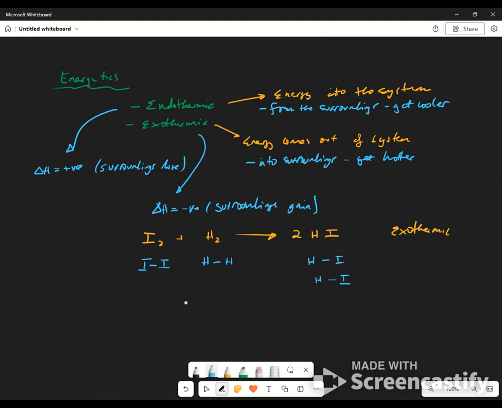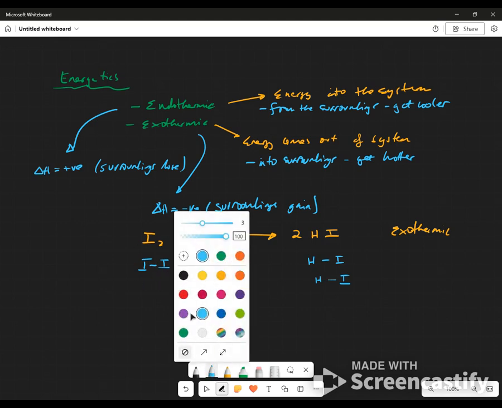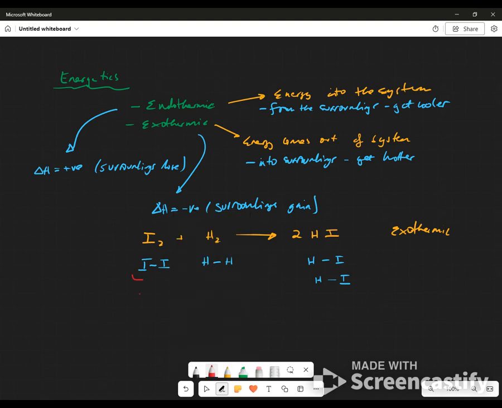Now, for the molecule to form the products, we have to break up these guys. So I have to break these bonds, and then I have to make these bonds. Now, breaking bonds is endothermic.